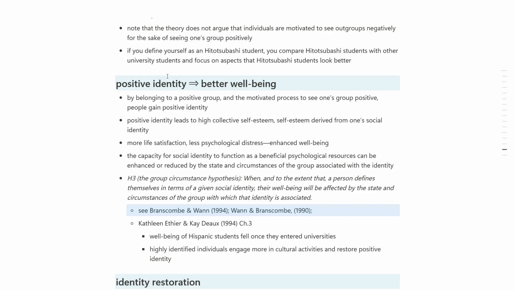This is because the order of the authors of the research is the order of the amount of contribution they made. So in the research done in 1994, Branscombe made more contribution than Wann, while Wann made more contribution than Branscombe in the research done in 1990. So through seeing the order, you can tell which person was more responsible for the outcome of the research.